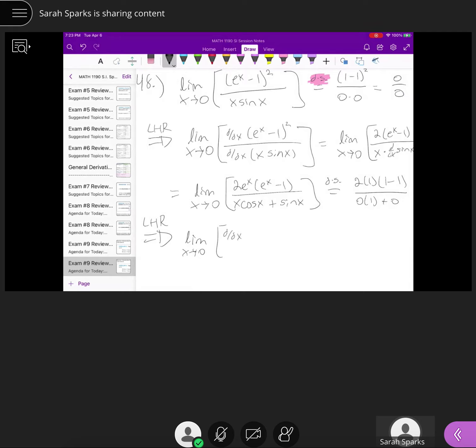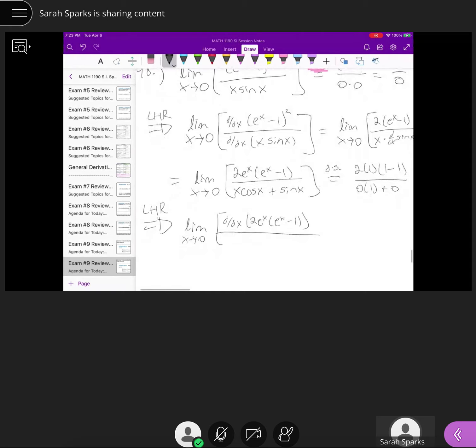So our top part is going to be d dx of 2 e to the x times e to the x minus 1, meaning we're going to have to use product rule on that top part, and then d dx of x cosine x plus d dx of sine x.